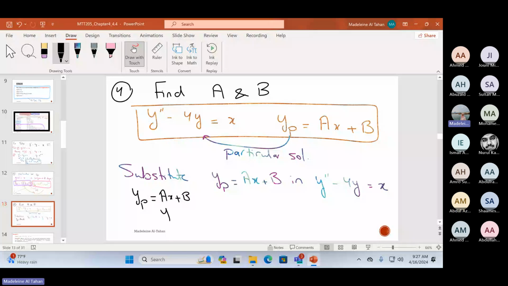So, can I find y double prime before finding y prime? What's the derivative of ax plus b? A. Perfect, A. And we need the second derivative as well. yp double prime is equal to what? 0, because the derivative of a constant is 0. Okay, these ones that they are here, we will substitute them.